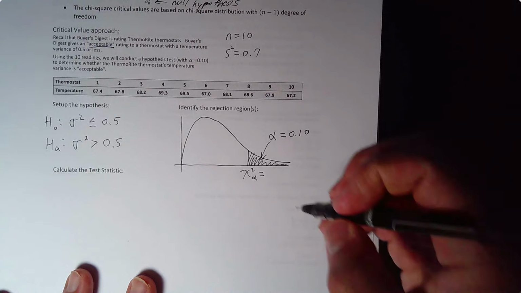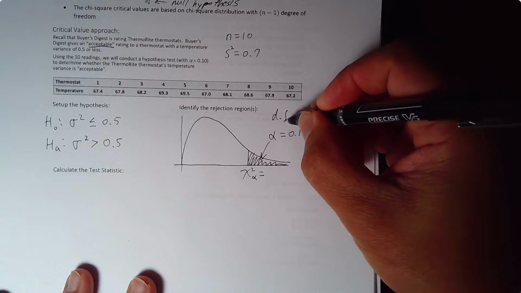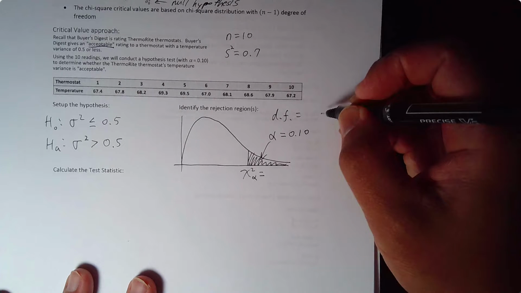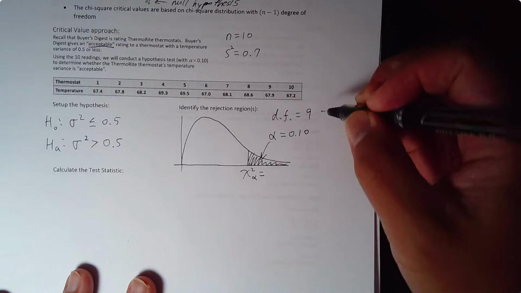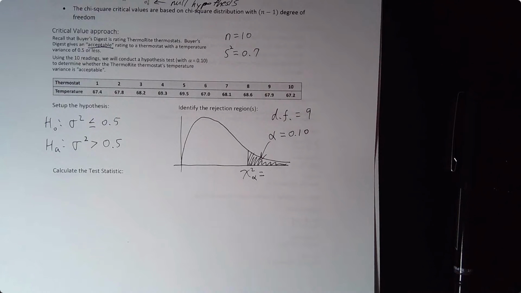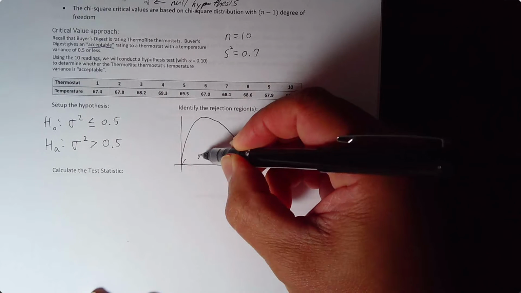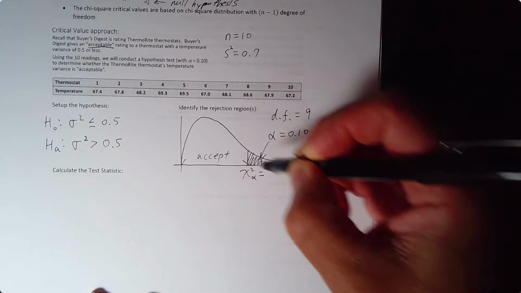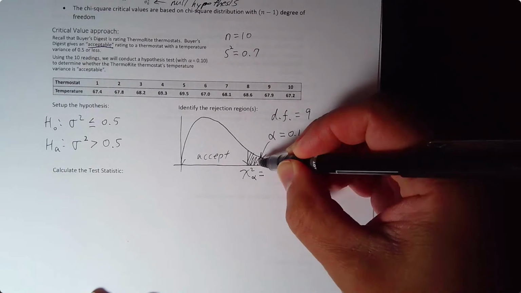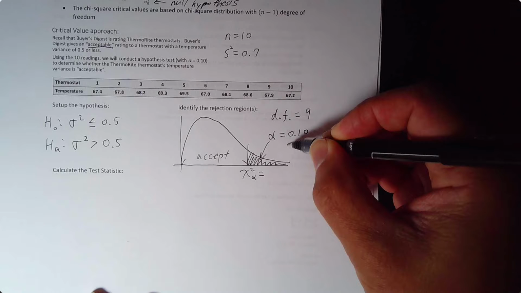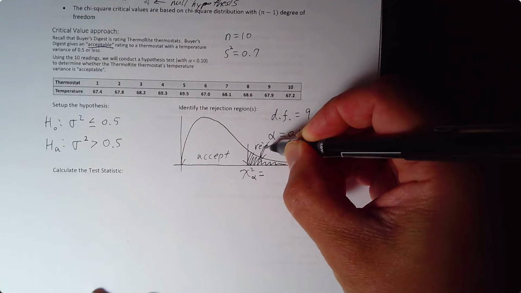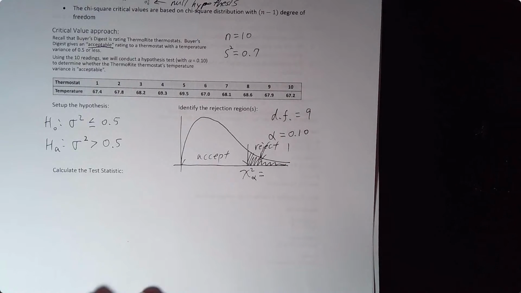Before I find the chi-square value, I need to know the degrees of freedom. The degrees of freedom for this chi-square distribution is n-1, which is 9. Here is my acceptance region, and here is my rejection region, in the tail over there.